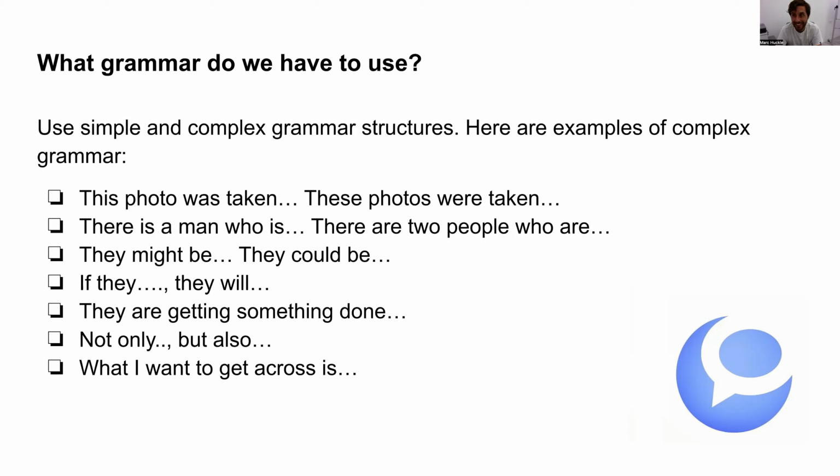We can use the second conditional: if they could do more exercise, they would lose weight. We could also use the causative passive: they are getting something done; they are having their car cleaned. We can use fronting with inversions: not only, but also.